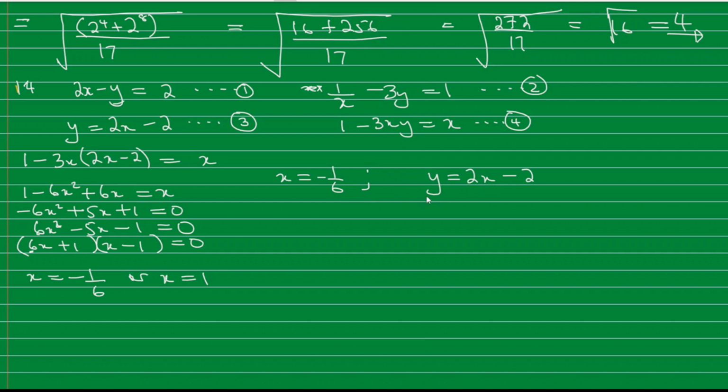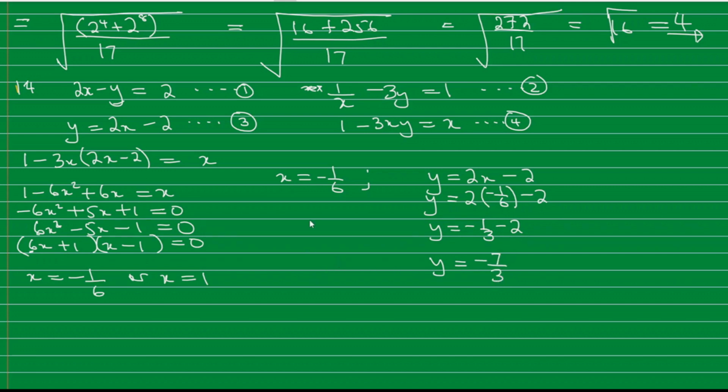So our y will be 2 into negative 1 over 6, minus 2. That will give us y equals minus 1/3, 2 times that one, and then minus 2. From here we will get negative 7 over 3.